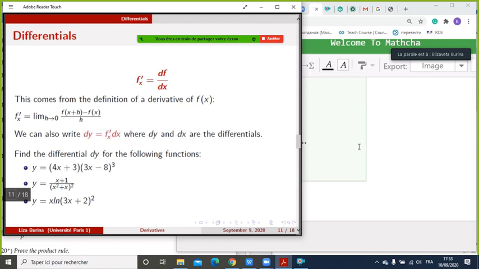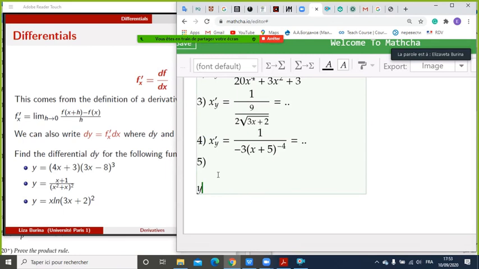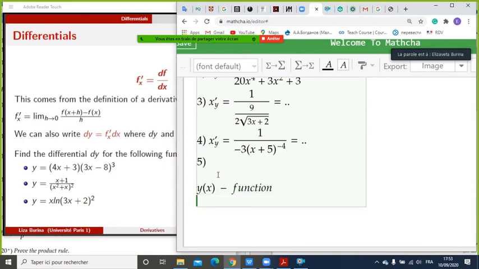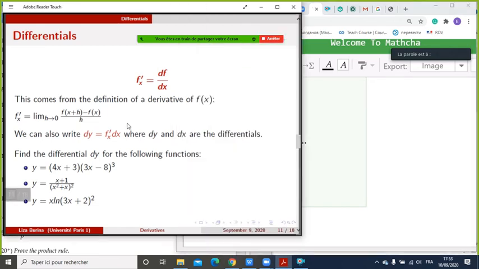So we can also write it like that. If we have a function y of x, whatever function, here I think what I should write is more like y prime x, not f prime x.